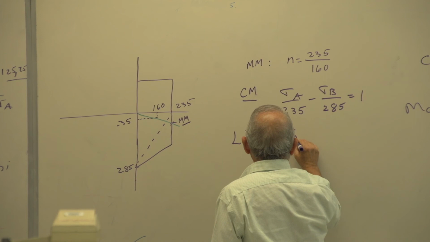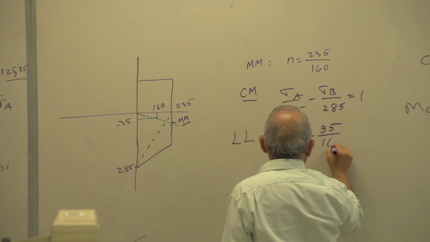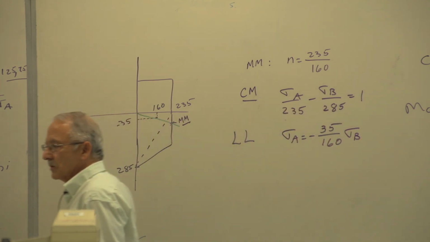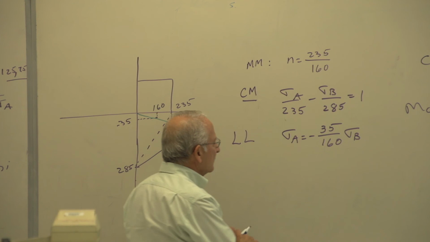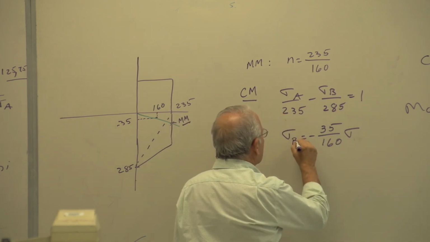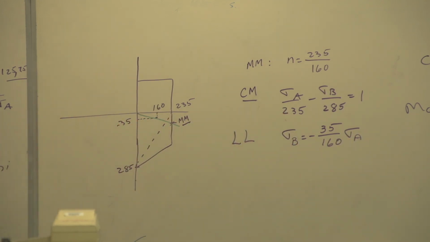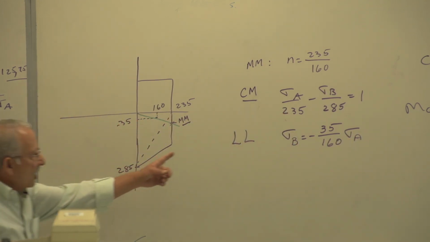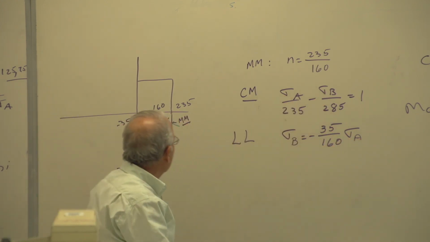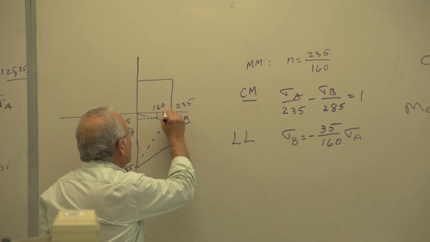So sigma B equals negative 35 over 160 times sigma A. I substitute sigma B from here into here and solve for sigma A. When I do that, I will get this value here.